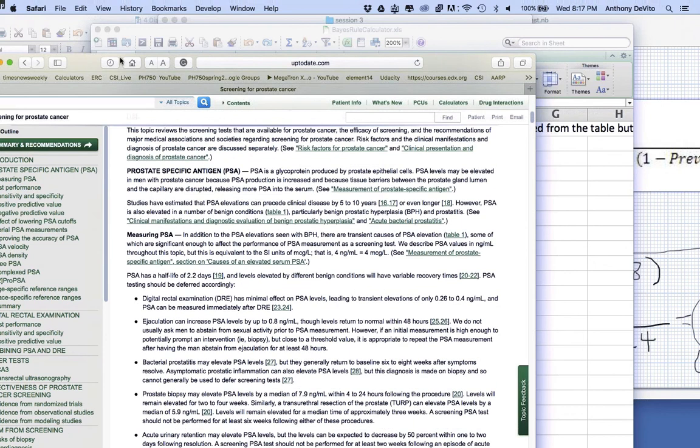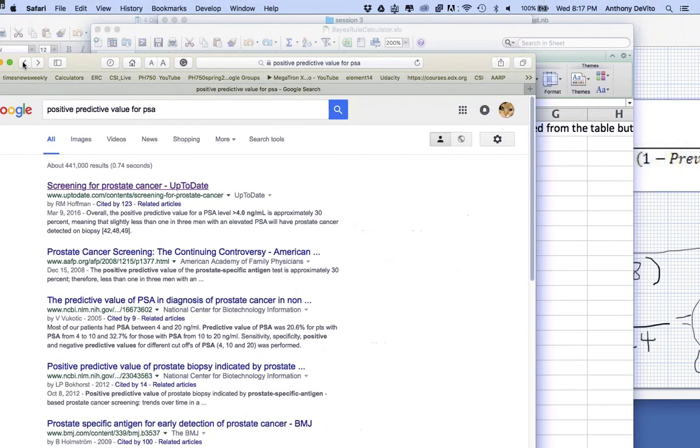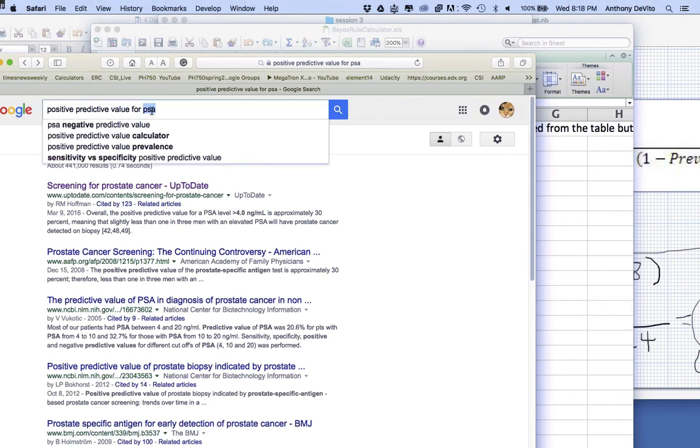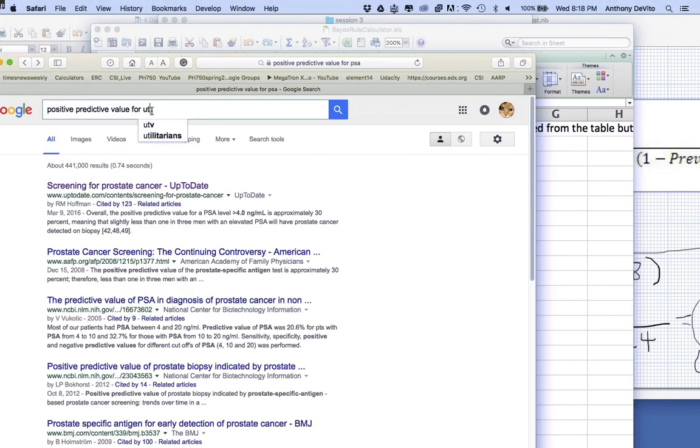I'm going to go back because it was easier to find before I clicked into the article. The overall positive predictive value for a PSA greater than 4, the nanograms per milliliter, is approximately 30%, meaning that slightly less than 1 in 3 men with elevated PSA will have prostate cancer detected on biopsy. Pretty interesting, right?